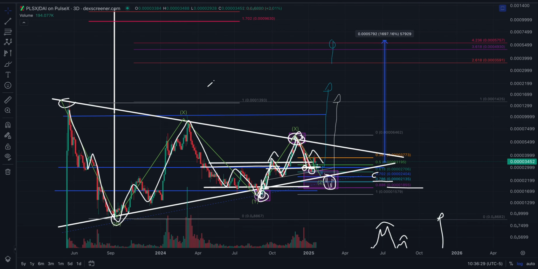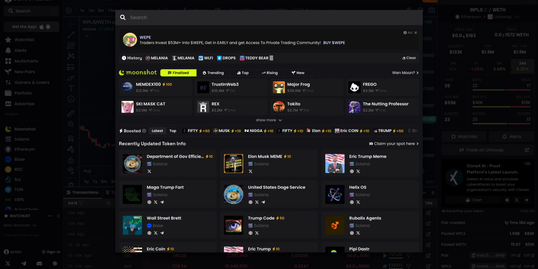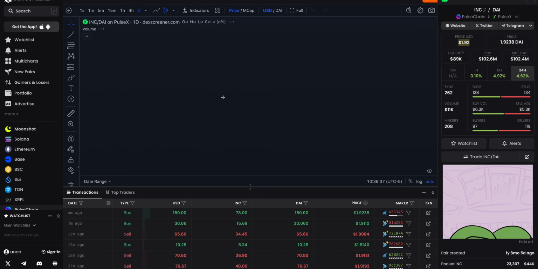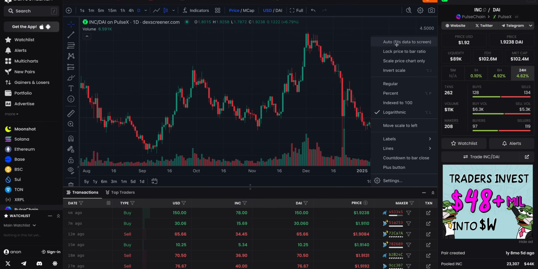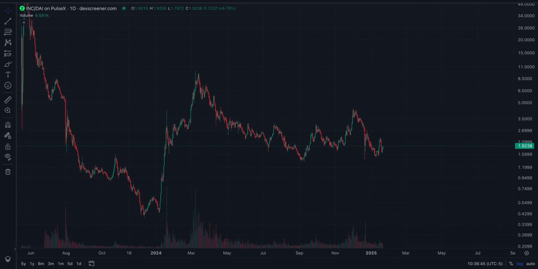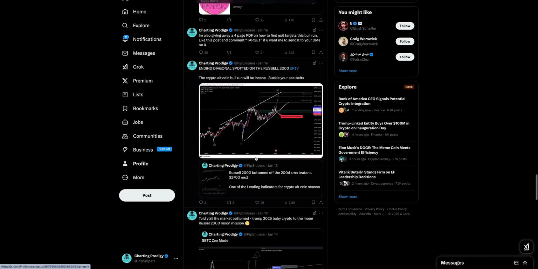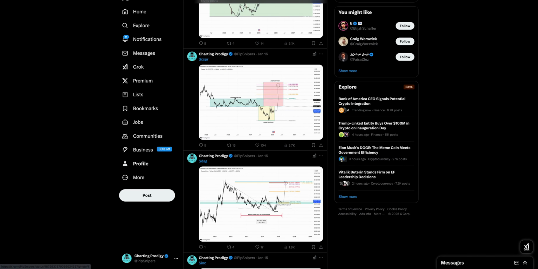Before we take a look at HEX, let's take a look at incentive token. Okay, so incentive token, it actually hasn't changed since the last analysis. I think I did an analysis here.